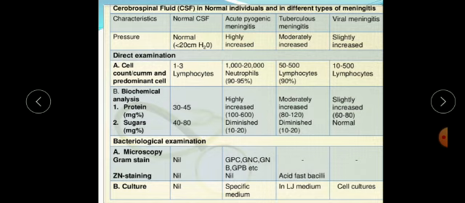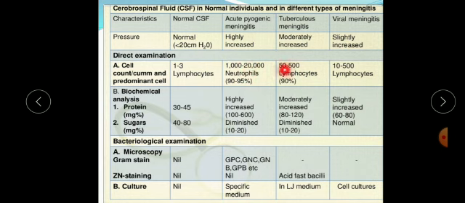Direct examination, like cell count per cubic millimeter and predominant cell. Normal CSF cell count is 1 to 3 cells per cubic millimeter, and usually the predominant cells are lymphocytes. In acute pyogenic meningitis, the cell count is drastically increased, ranging from 1000 to 20,000 cells per cubic millimeter, and the predominant component is neutrophils.